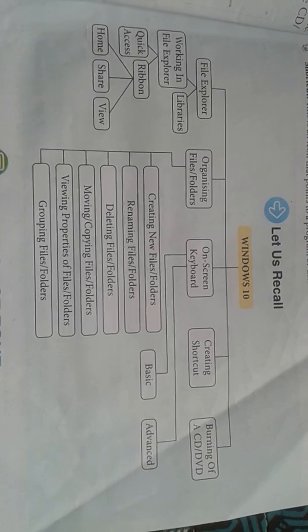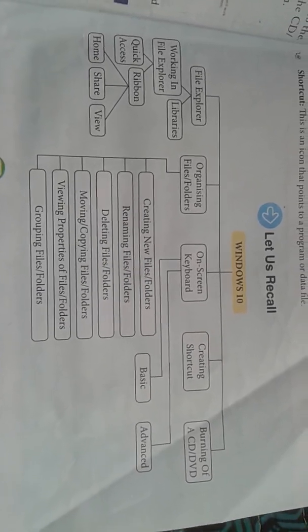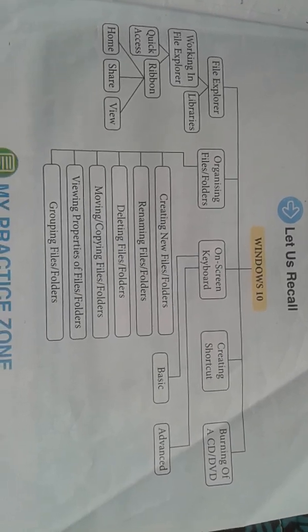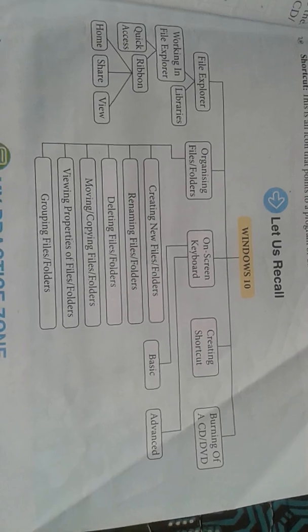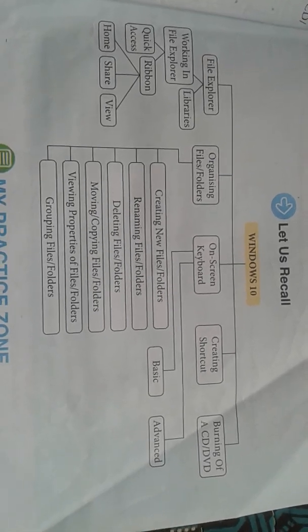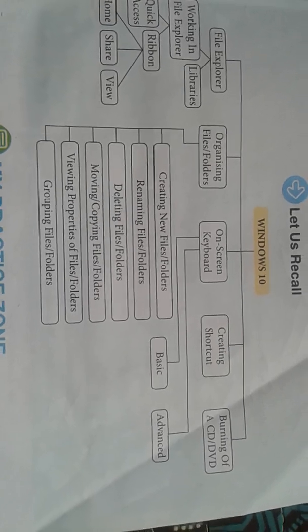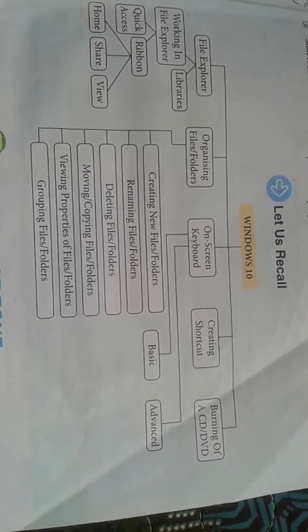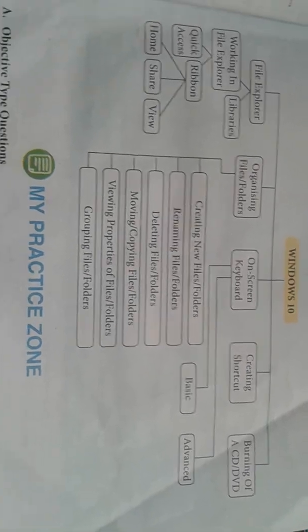After selecting that file, we click the right mouse button. Whenever we right-click, we automatically get a pop-up menu. In that pop-up menu, we have the option to rename the file. So we do the rename there.